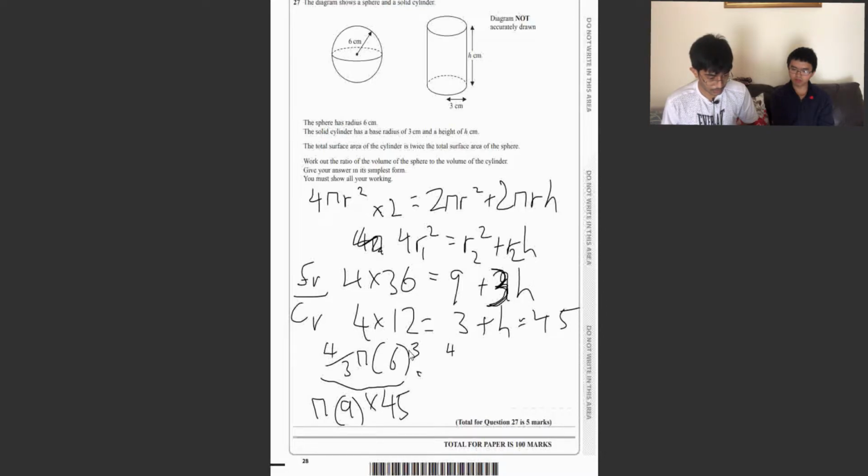So the pi's cancel, so you get 4 over 3 times 6. I'll try to do some cancelling out, times 2 over 9 times 45. And I have to somehow simplify all this in this tiny little space I have left.